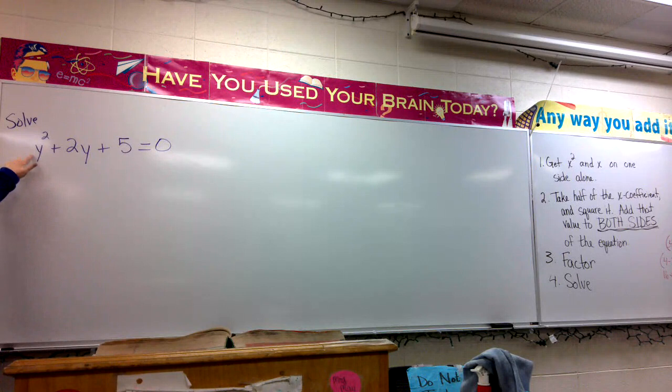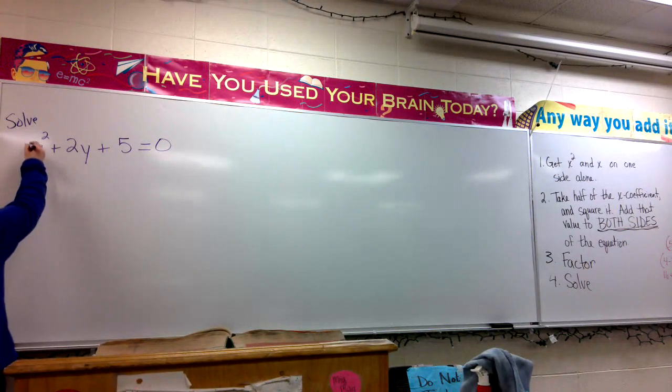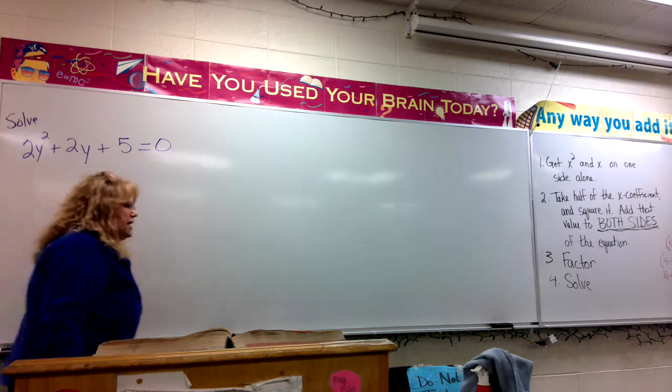they had a coefficient of 1 on the square term. And so all the steps work nice and fine if there's a coefficient of 1 out here. But today we're going to look at what happens if there's a coefficient other than 1.